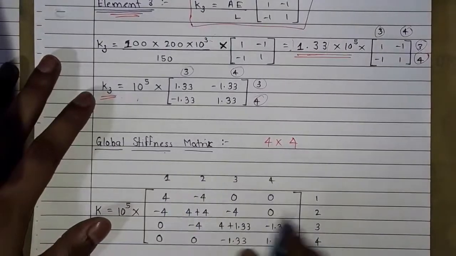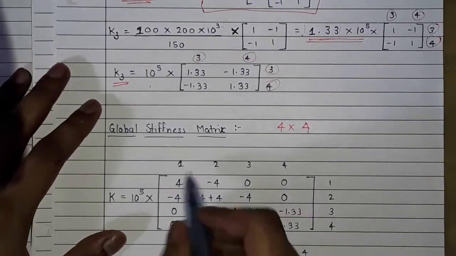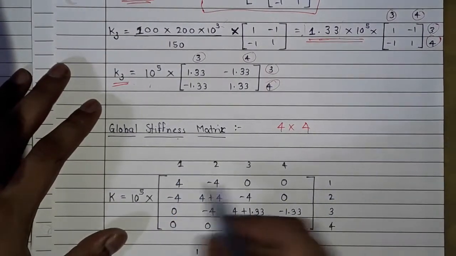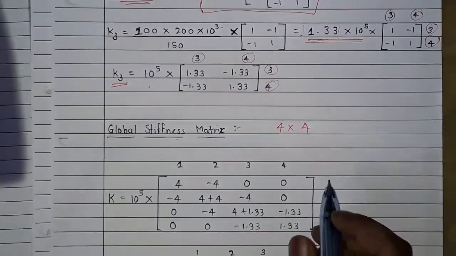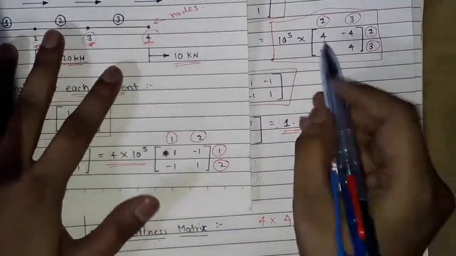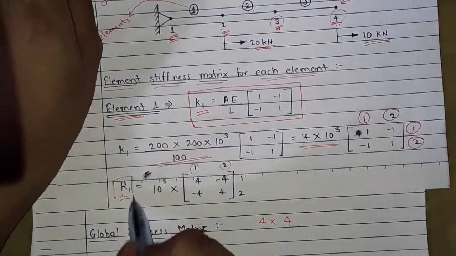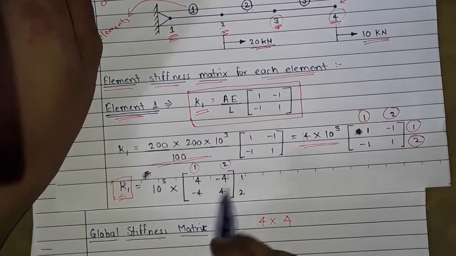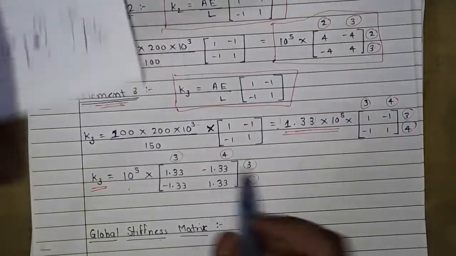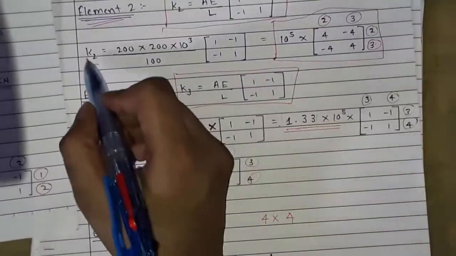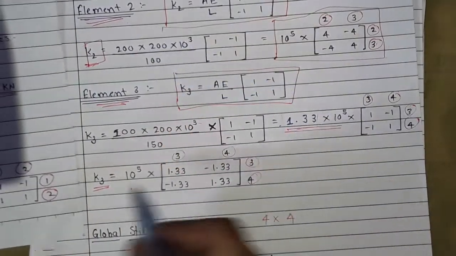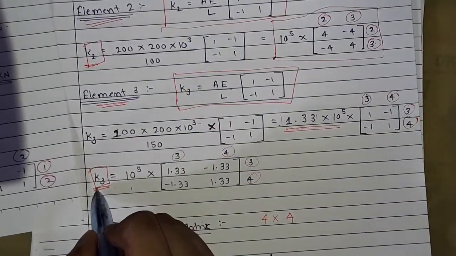Here friends, first we consider 1 and 1, that is first row and first column. For that purpose, we need to see these matrices, this final matrix, that is k1 here, and here k2 matrix, and here k3 matrix.